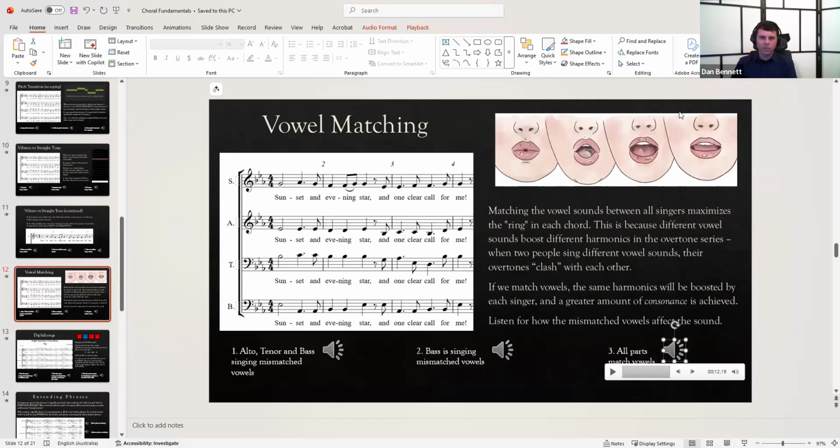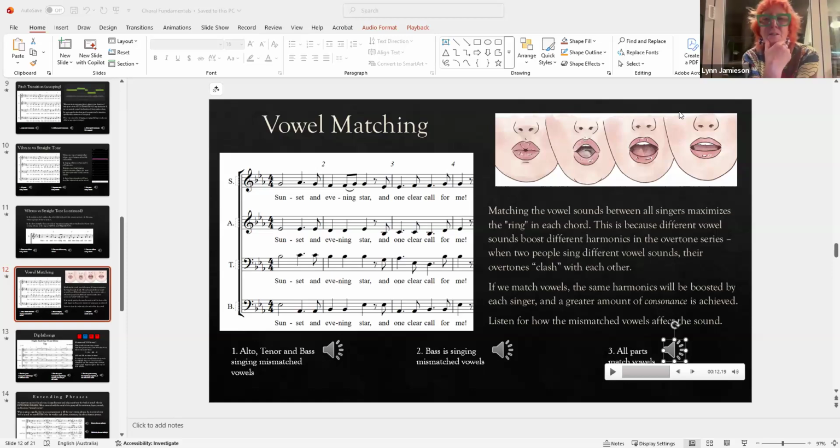Interesting, yeah? So talk to me about, what did it sound like when the vowels were not matched? It's one of the really important things, I think, to get a great sound is to have your vowels matched as well as you can.